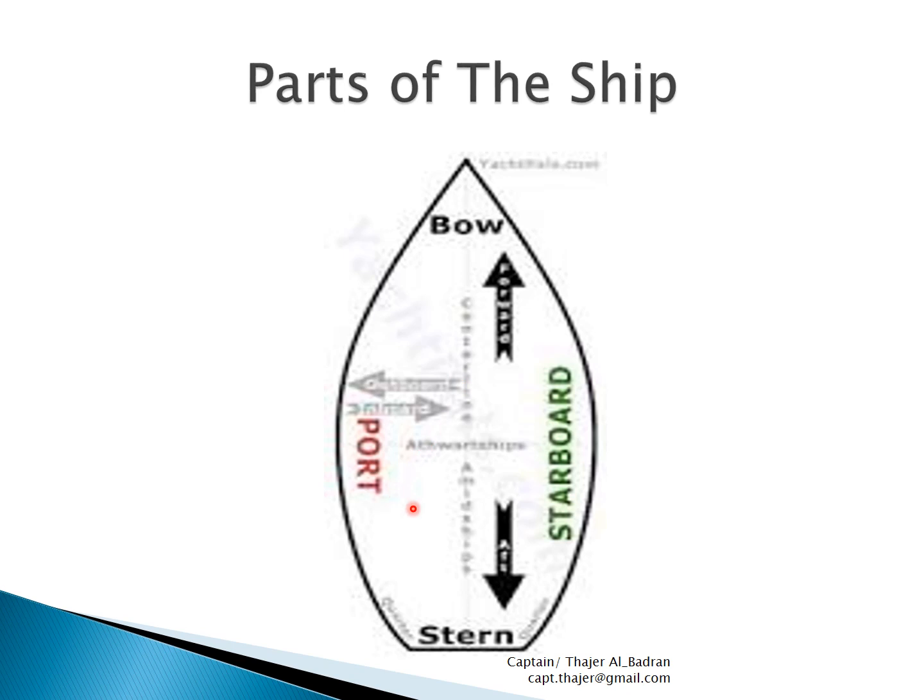Starboard side is colored green and numbered with odd numbers, and the port side is colored red, also numbered with even numbers.